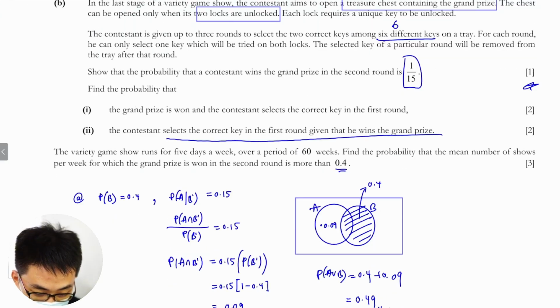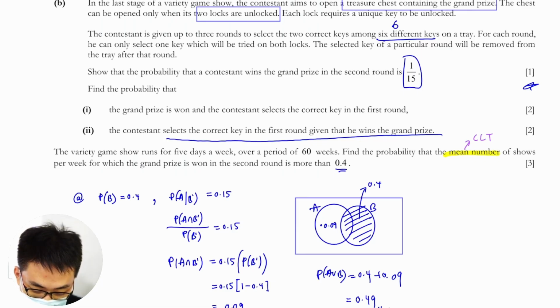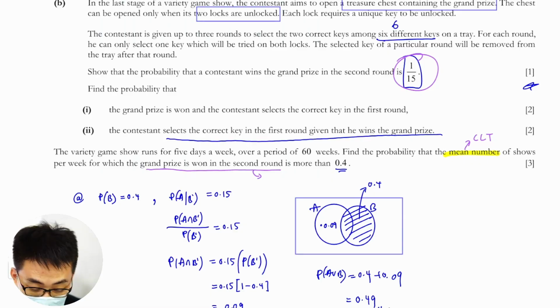So this one, when you say mean number, the first thing you must think about is our favorite CLT, average number. Okay. And then the grand prize is won in the second round, the probability of this one is 1 over 15, right? Which is given.